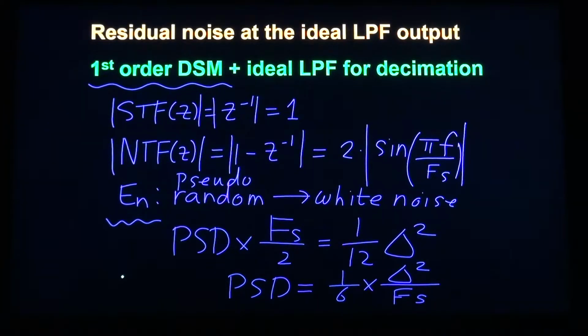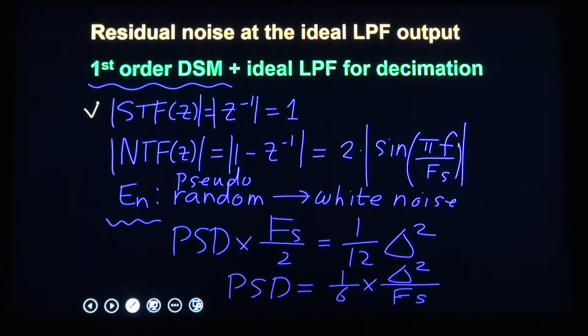Okay, for the first order delta sigma modulator, the STF is just 1, right? The signal transfer function magnitude is 1. The noise transfer function is a derivative, which can be labeled 2 sine pi f over fs. Okay, fs is the sampling frequency, and this quantization noise En is pseudo-random in the time domain.